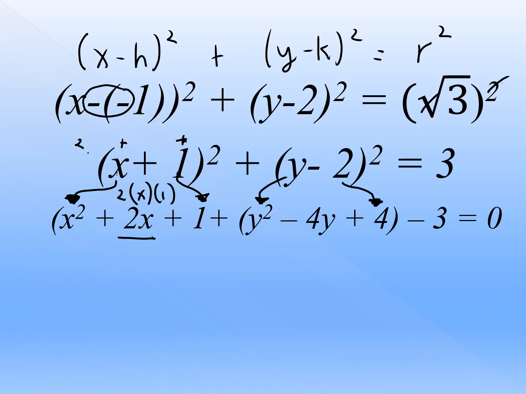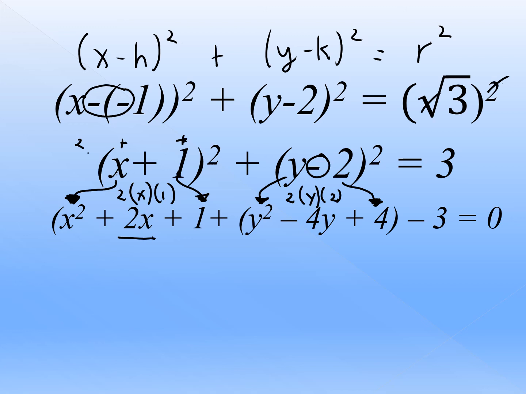Now, to find the middle term, we have 2 times the first term y times the second term 2. So 2 times y is 2y times 2 is 4y. That's the reason why we have 4y. And then we're going to copy the sign of the middle term, which is negative.